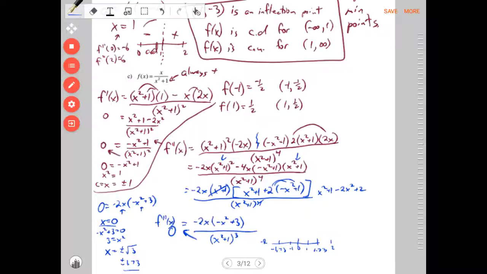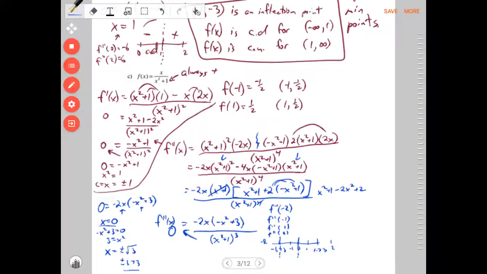So we're going to check f double prime of negative 2, f double prime of negative 1, f double prime of positive 1, and f double prime of positive 2. Remember, all we're doing is checking for the negatives.